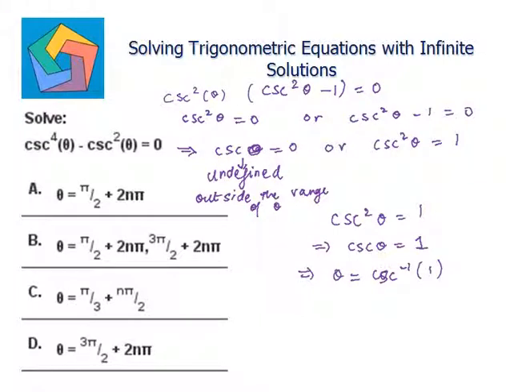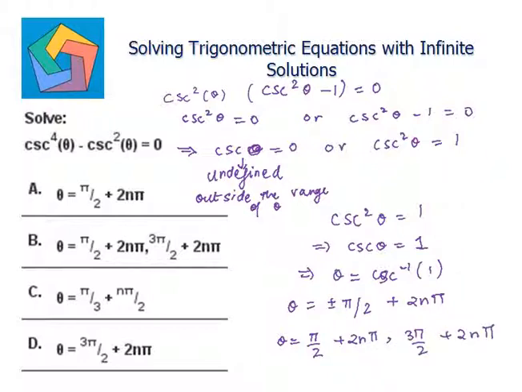Cosecant inverse 1 is pi by 2, so theta will be plus minus pi by 2 plus 2n pi. For negative pi by 2, the reference angle will be 3 pi by 2. So theta will be pi by 2 plus 2n pi and 3 pi by 2 plus 2n pi, which is the answer in the B part.